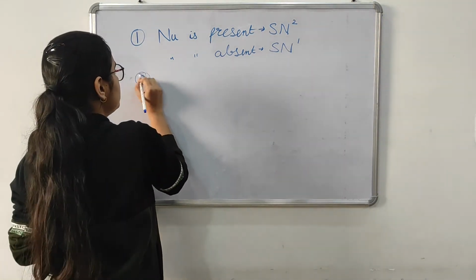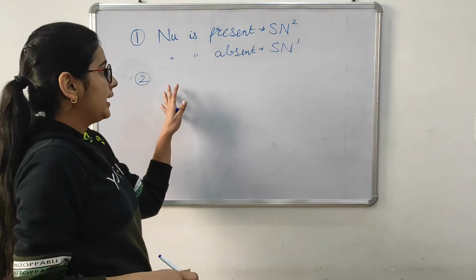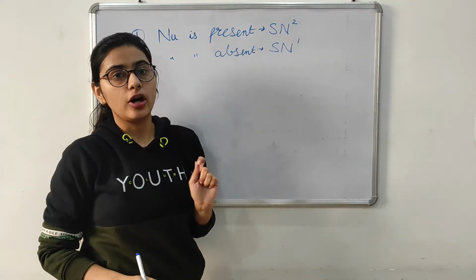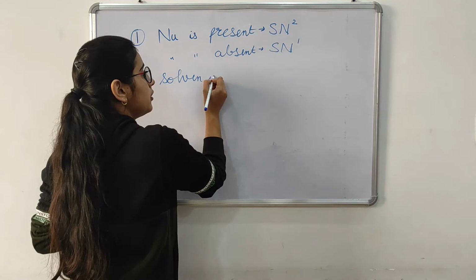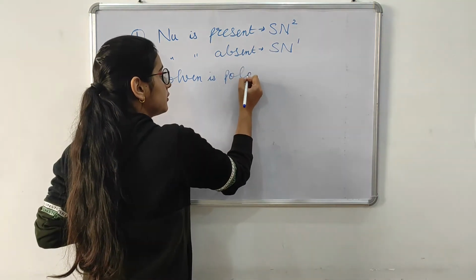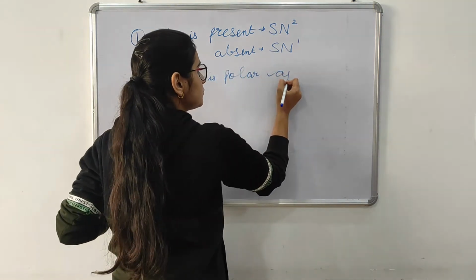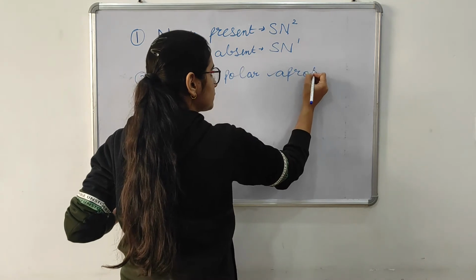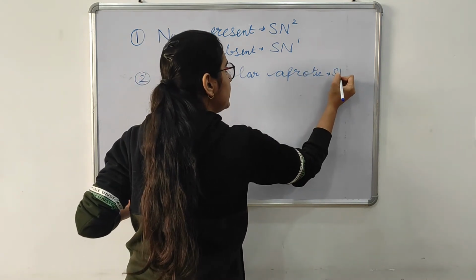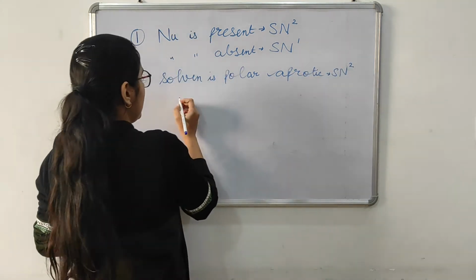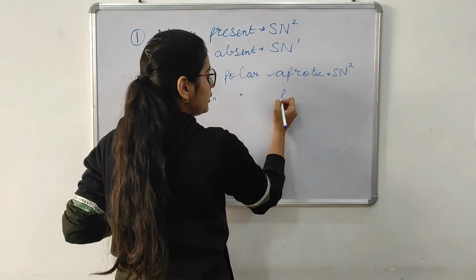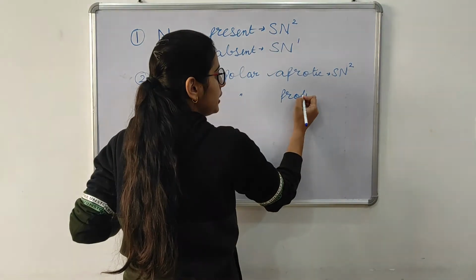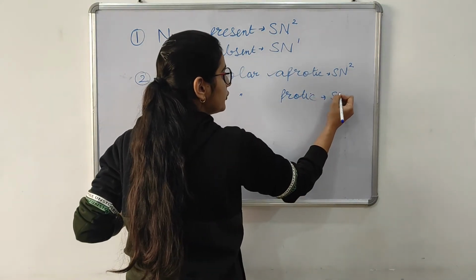But now the second point is we have to identify the nature of the solvent. If the solvent is polar aprotic, it would be SN2 reaction, and if the solvent is polar protic, it will be an SN1 reaction.